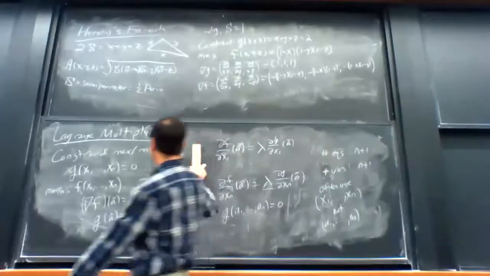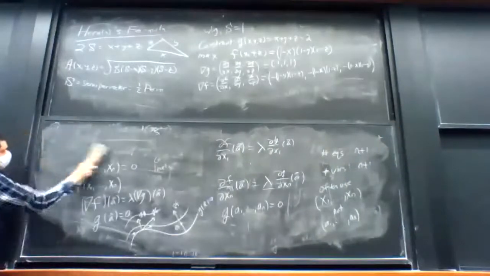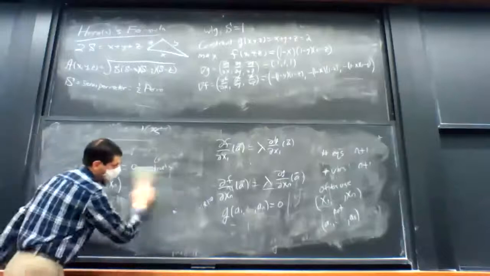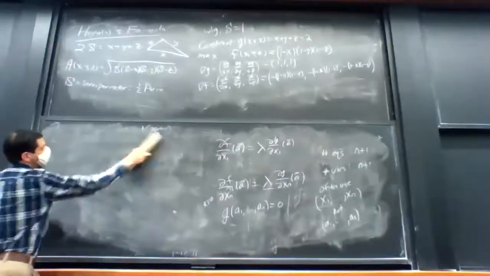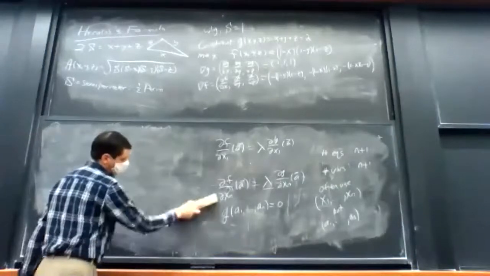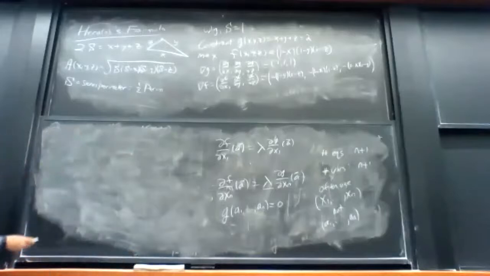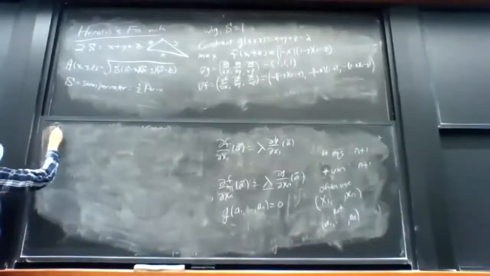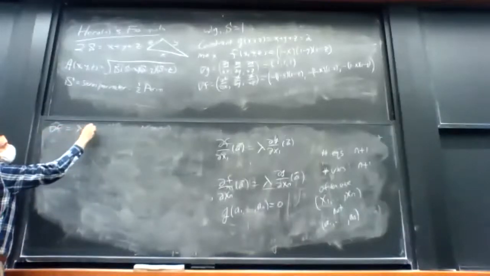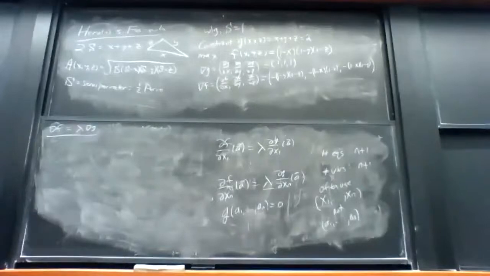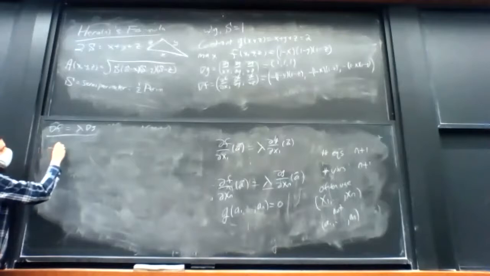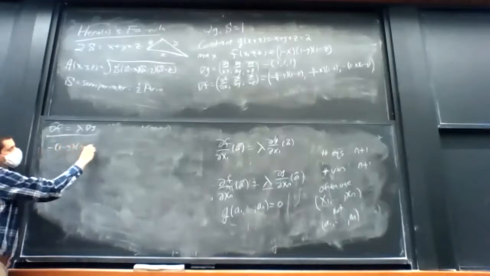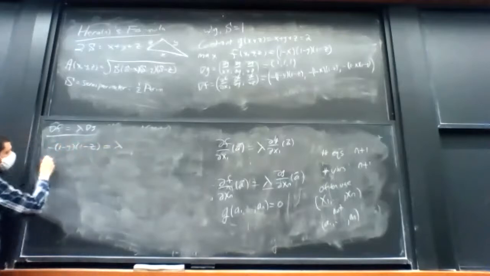Now we just have to do the algebra. So we want to solve gradient of f equals lambda gradient of g. So what does that mean? The gradient of g is just 1, 1, 1. So we have negative 1 minus y, 1 minus z equals lambda.